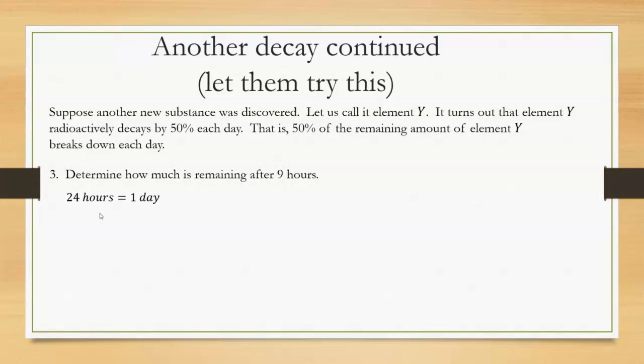You could use the factor label method, you can use proportions, either one. I used proportions. There are 24 hours in a day, and we want to know how many days 9 hours is. So we have this proportion and we want to figure out what x is.